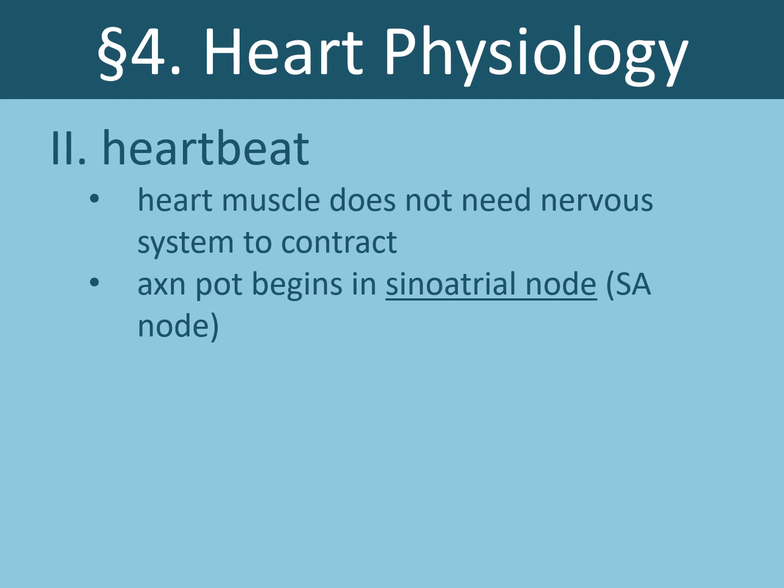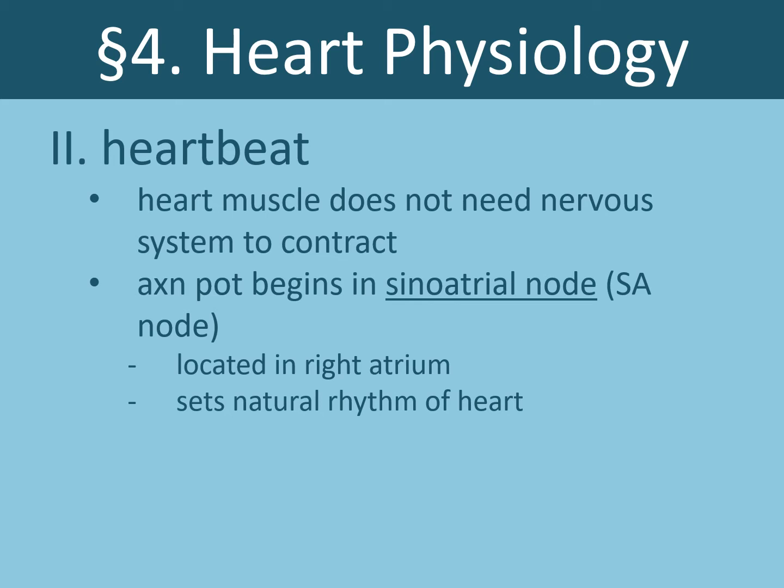Cardiac muscle can generate its own action potential in a specific area called the sinoatrial node, or SA node. The SA node is located within the right atrium of the heart. The SA node sets the natural rhythm of the heart. It's nicknamed the natural pacemaker and contains the pacemaker cells we mentioned in part 1.